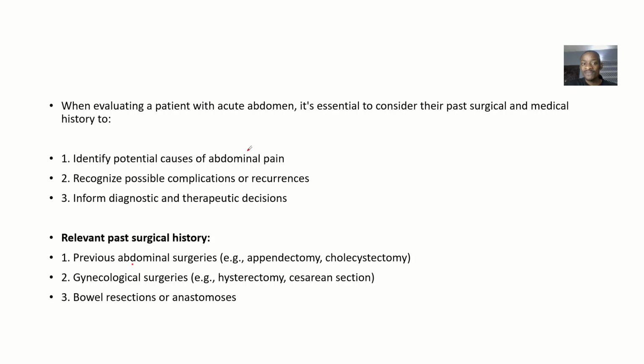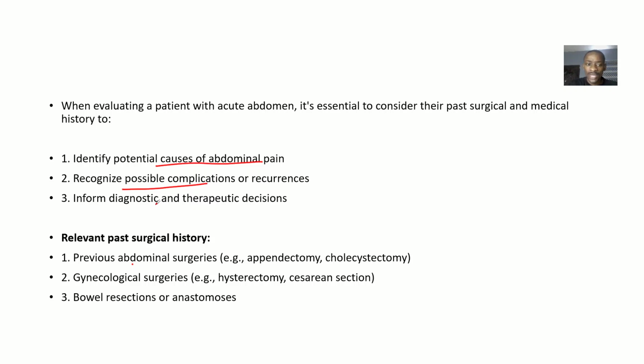We said that when evaluating a patient with acute abdomen, it is essential to consider their past surgical and medical history. Okay, and this is to identify potential causes of abdominal pain and also to recognize possible complications or recurrence. It could be that they had a surgery, so now they are having a development of an enterocutaneous fistula, so it is now becoming painful and all that, right?